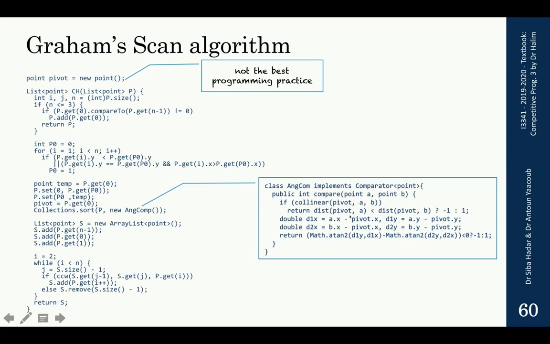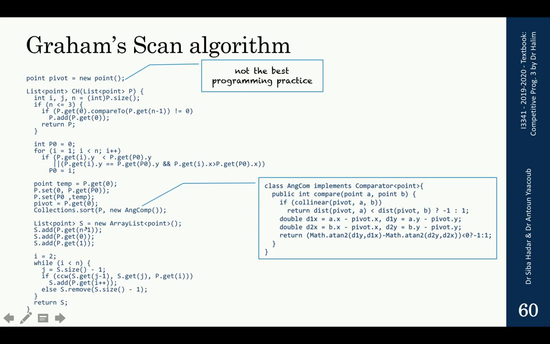Whichever angle is bigger will give me the bigger compare value. So I only define how to compare. I don't define how to sort. The sort function already exists in the library of Collections.